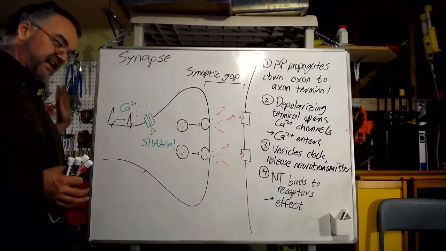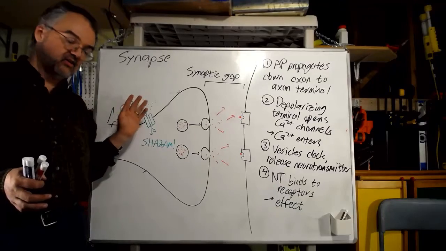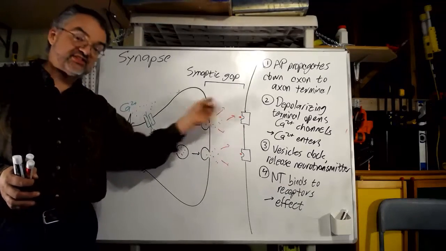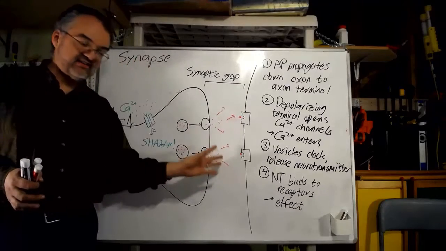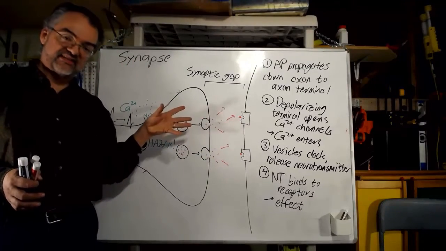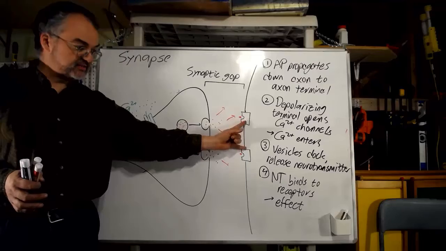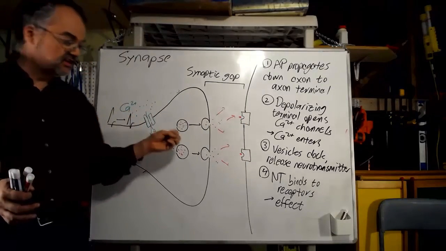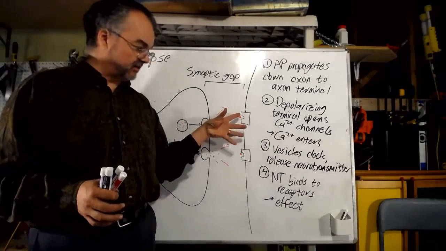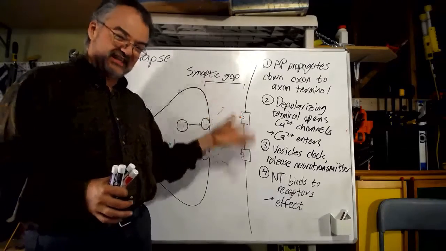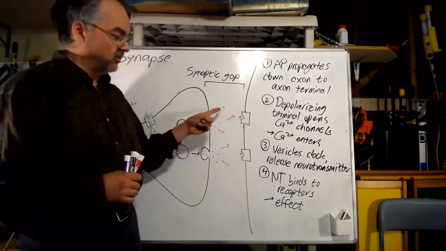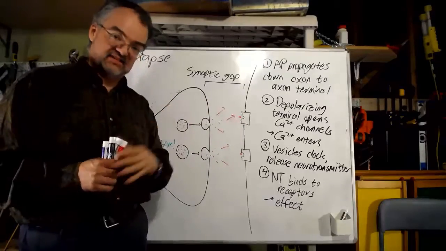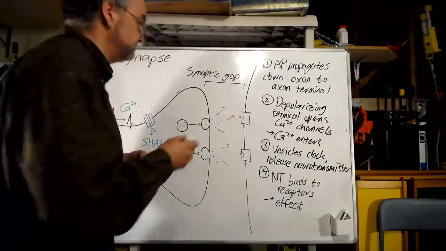When the next action potential comes down here, we don't want this, probably, to still be going on. So we need a way to end this, to stop releasing that neurotransmitter and stop the neurotransmitter from having an effect on these receptors. I poofed that neurotransmitter out here. Do I just let it stay forever? Probably not. So, I need some way of ending this, terminating the signal.